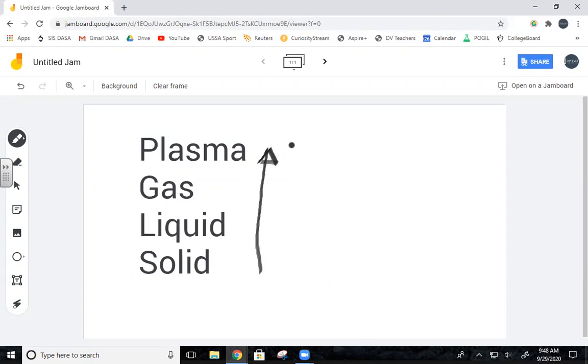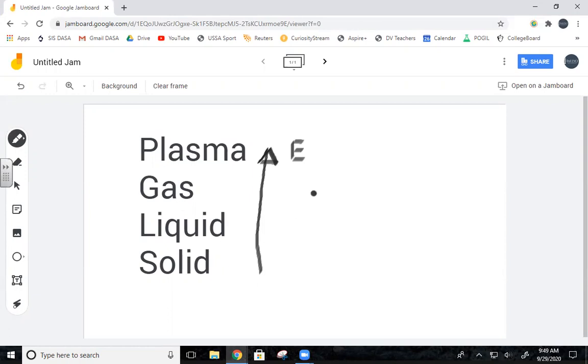So high energy. Okay? So the energy is higher here in plasma than it is in liquid, and lower in solid than it is in gas. That is only for properties of the same element or compound.